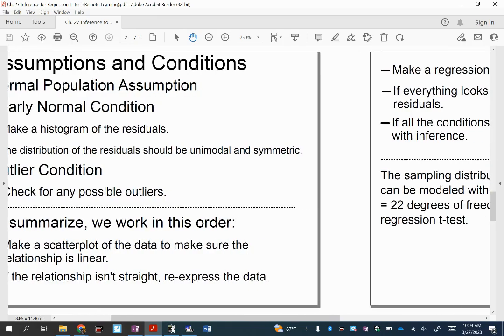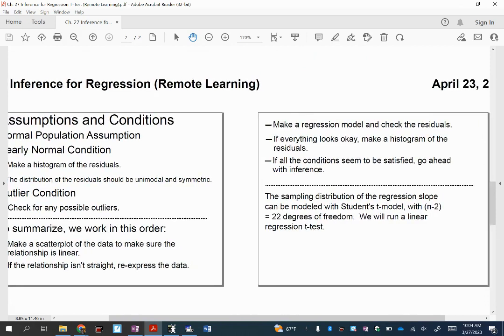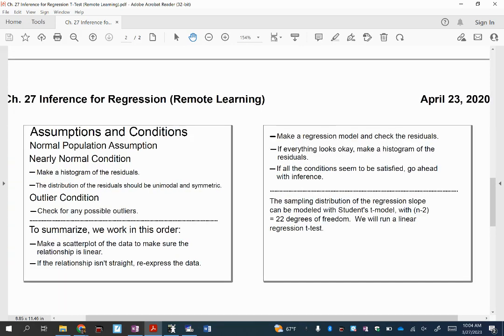So I put in these 2 slides here to summarize what we're going to do. We work kind of in this order. You've got to make the scatter plot and make sure it shows a linear relationship. As I mentioned, if it's not linear and you want to do all this, you've got to re-express some data. Then you make your regression model to check the residuals.